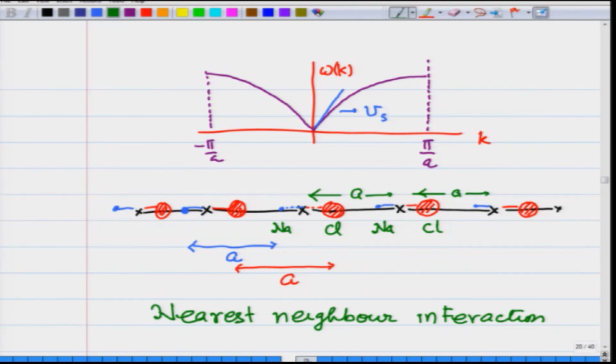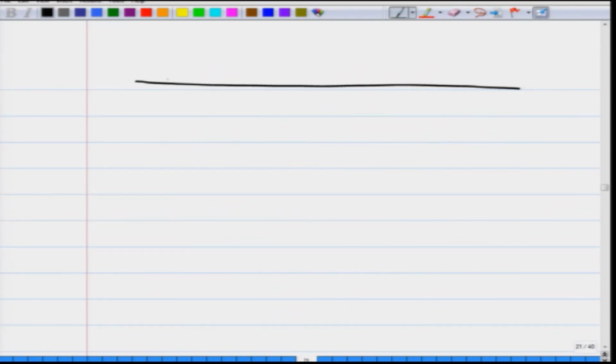So, I have these molecules sitting at these sites with different kinds of atoms, which we can also call that now I have a basis at each site with two different kinds of atoms.